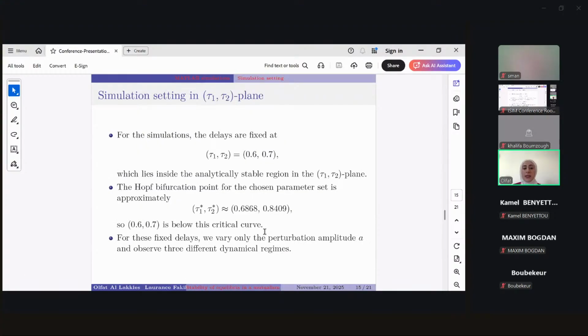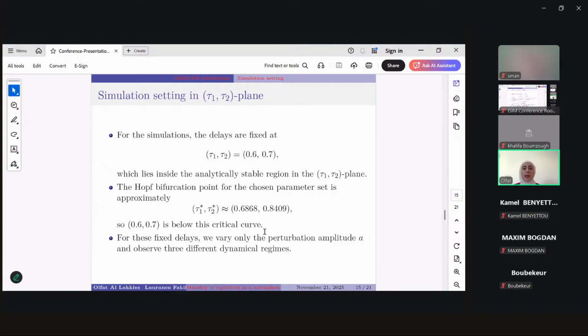Simulation setting in the tau1 and tau2 plane. In this slide, as you can see, we select 0.6 and 0.7. Why? Because it lies inside the stable region. We tried different tau1 and tau2, and we noticed that when they are less than 0.6 and 0.7, the system will not be stable, and greater than 0.6 and 0.7, the system will not be stable.